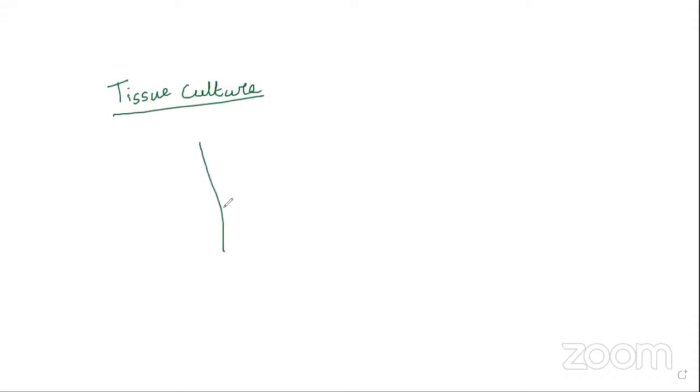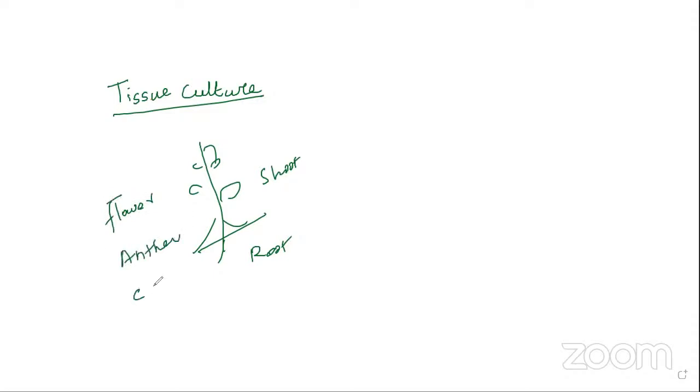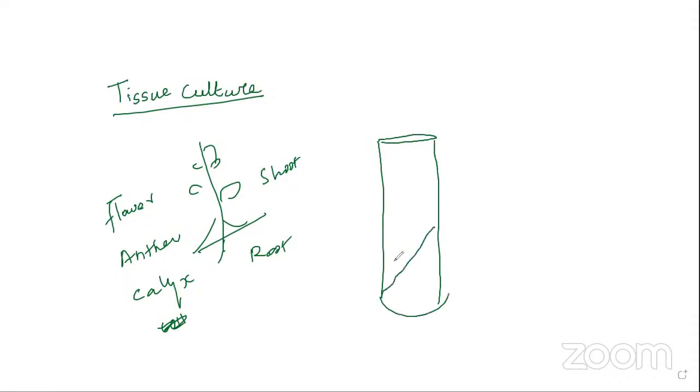Take an example of any one of the plant parts, whether it may be a root or shoot, or a flower or anther, calyx, corolla, whatever it may be. It can grow in small test tubes, in vitro, in the laboratory.